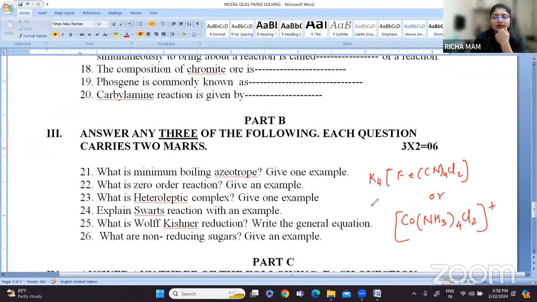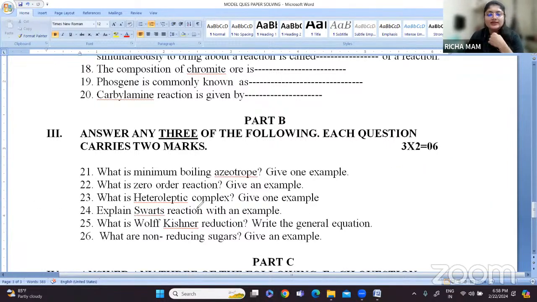Any one of these complexes can be an example of a heteroleptic complex. Next question. Explain Sandmeyer's reaction with an example. Answer.